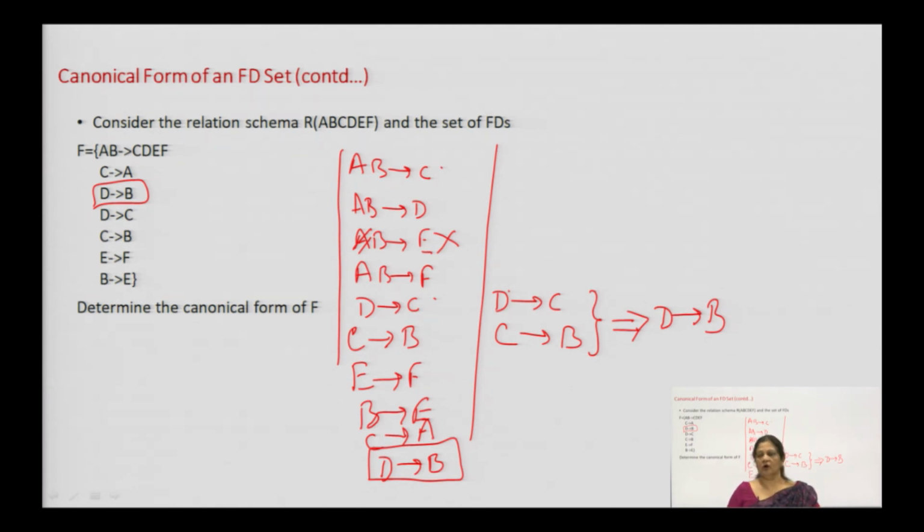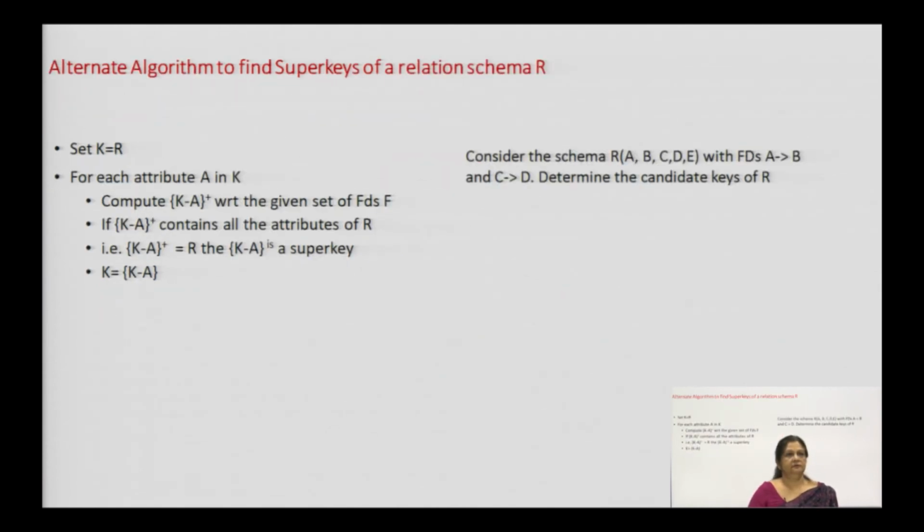We can knock out this functional dependency also. So, what we are left with is AB to C, AB to D, AB to F, D to C, C to B, E to F, B to A, and C to A. This is the canonical form of the given set of functional dependencies.